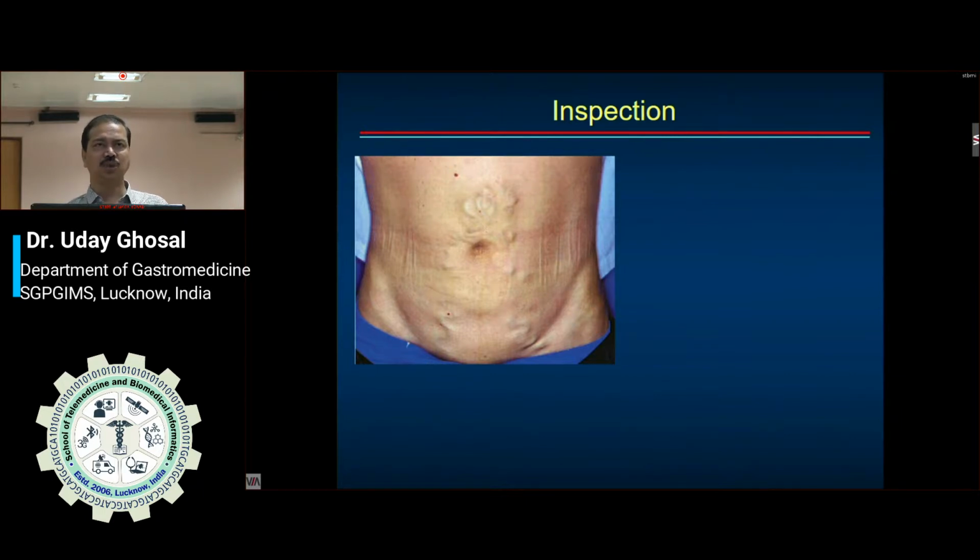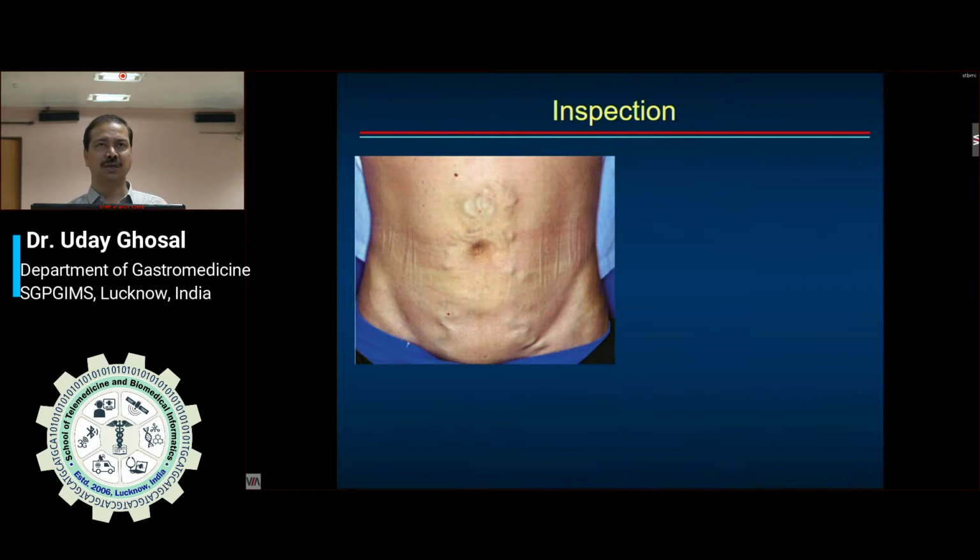From the systemic side, you have the superficial epigastric vein and superior epigastric vein, which are branches of the internal thoracic vein or internal mammary vein. Okay. Now from the portal side, these are paraumbilical veins of Sappey.